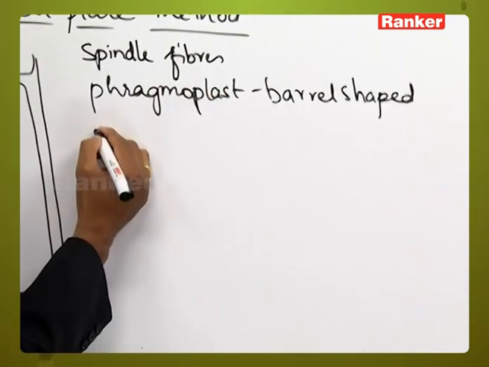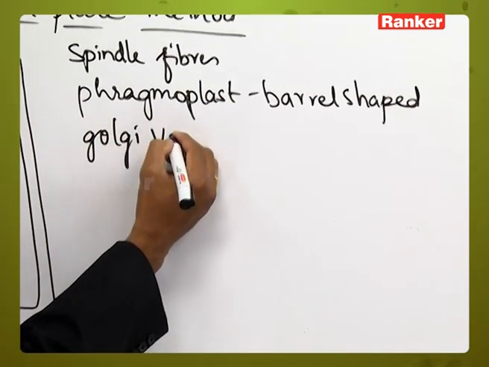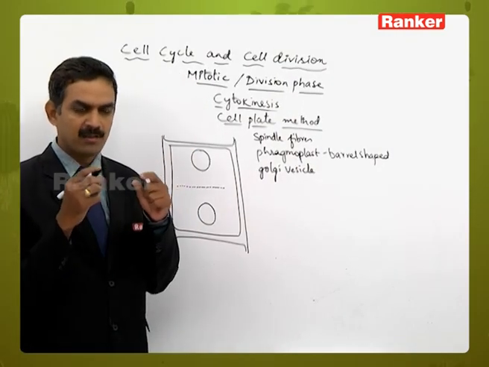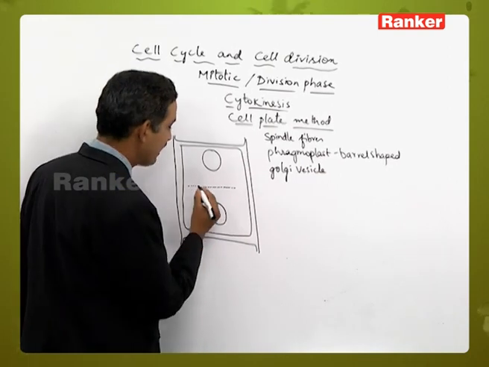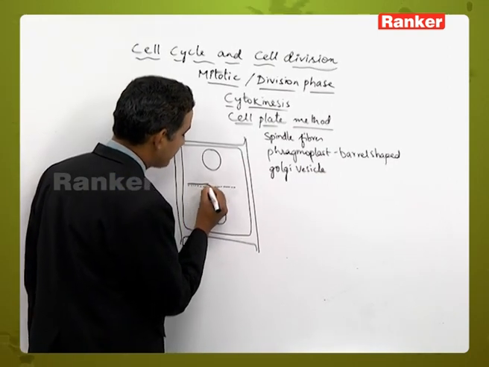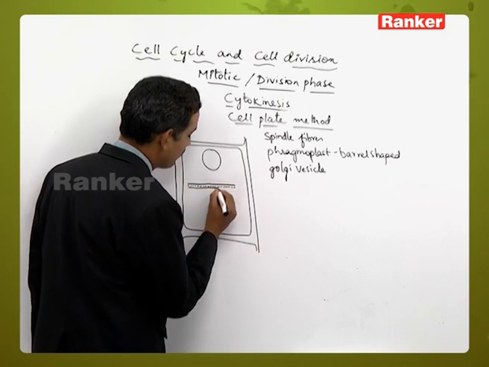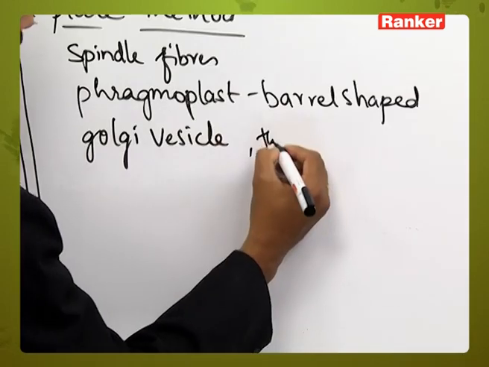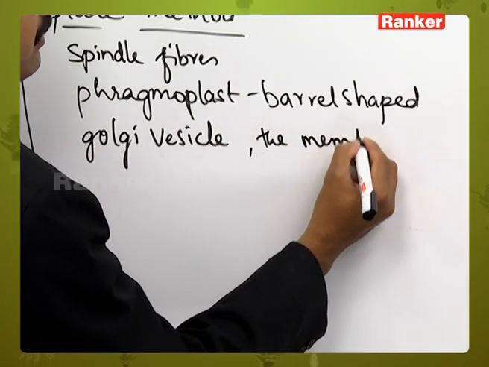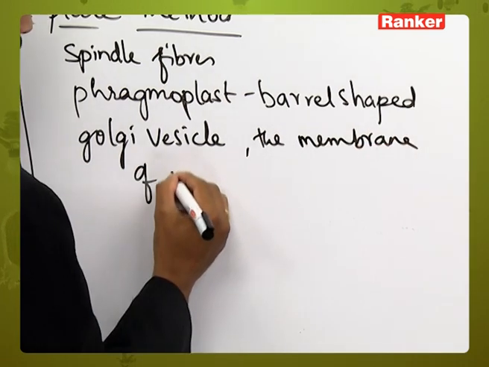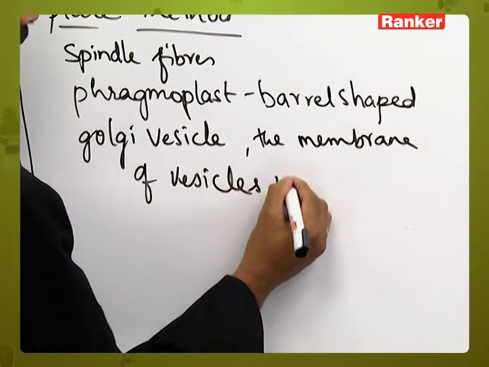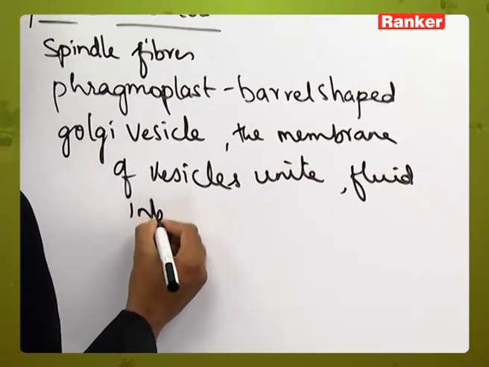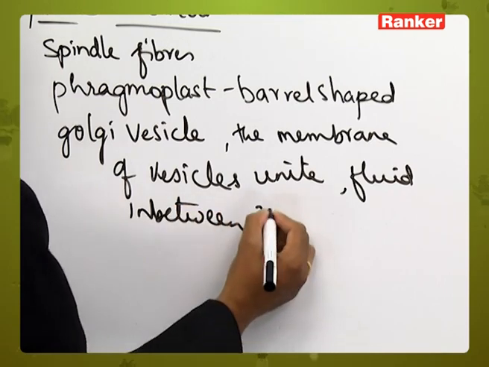Into this, the Golgi vesicles will come to the region of the phragmoplast, and the membranes of the Golgi vesicles will unite with each other, maintaining a fluid in between them.